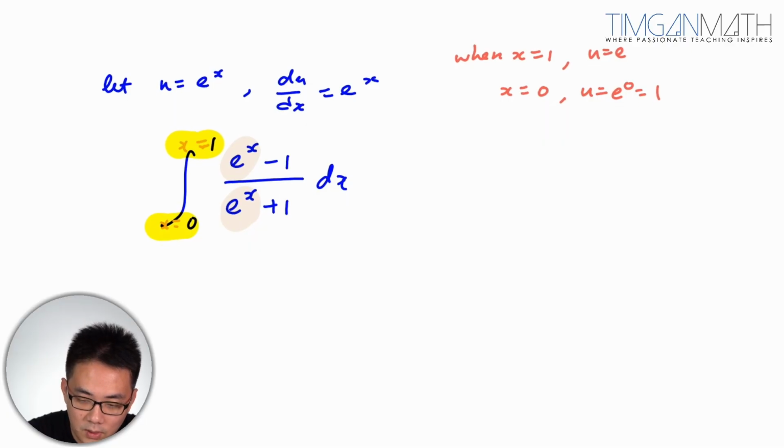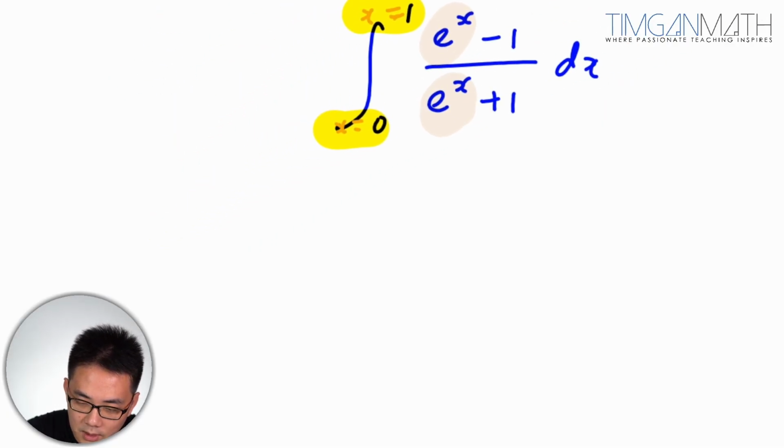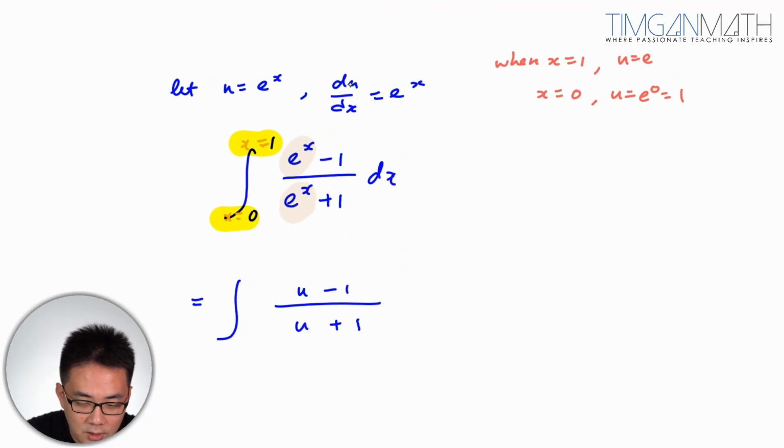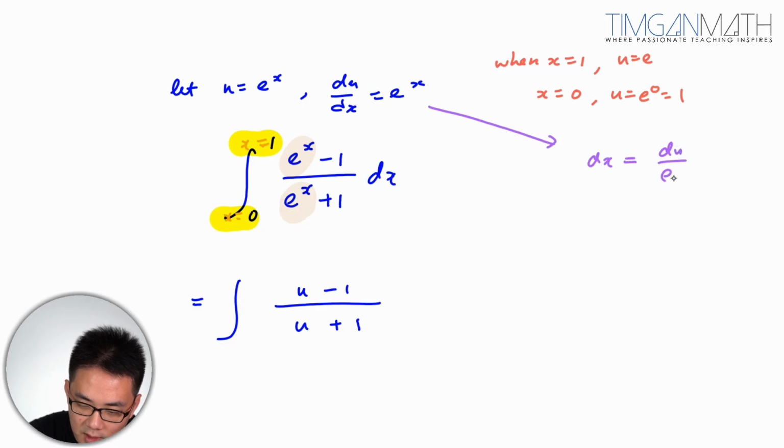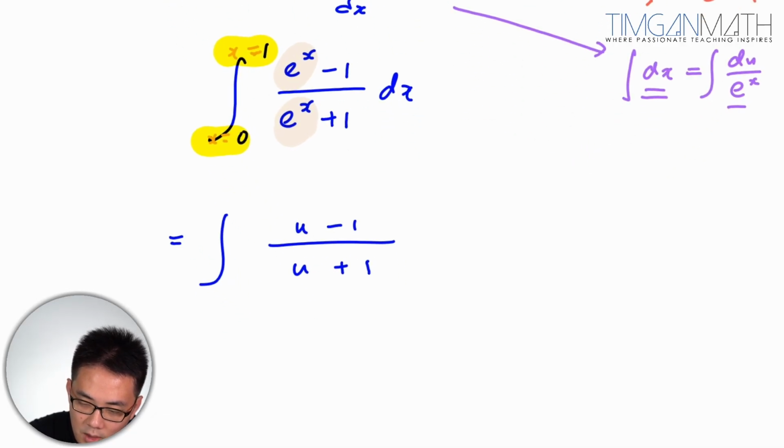Okay, so once you change to u, e^x is u, so (u minus 1)/(u plus 1). dx, on the other hand, if you rewrite this properly, dx would just be du over e^x, right? But just substitute dx as du over e^x.